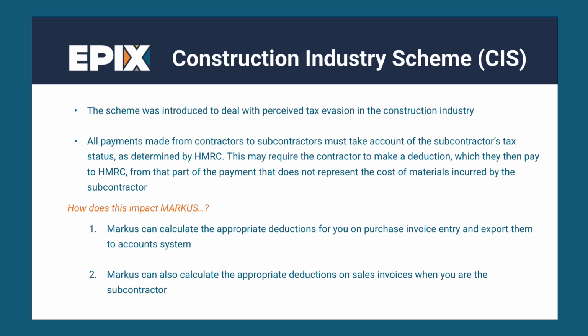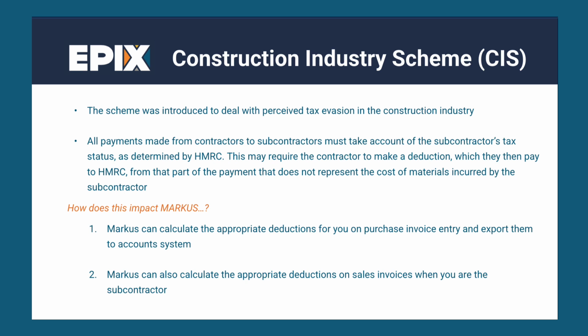I'm not going to read it word for word, but we've got 2 very separate sections within our system that cater for CIS and DRC. This first part is to do with the CIS, introduced by the government to deal with the perceived tax evasion in the construction industry.